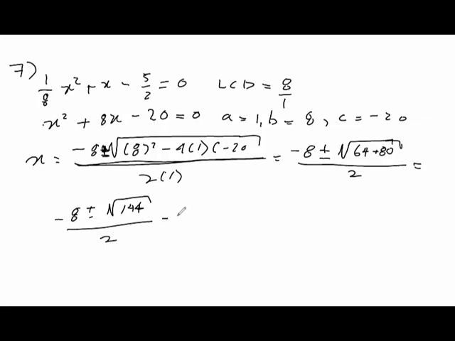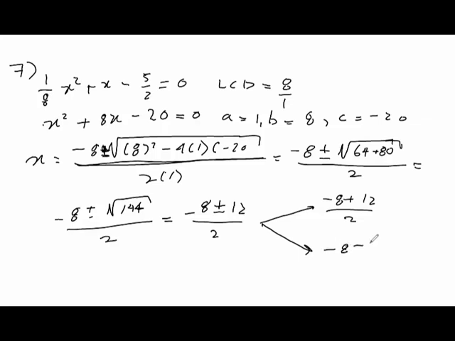and that's going to give us negative 8 plus or minus 12 over 2, and that'll establish our two answers. So we have negative 8 plus 12 over 2, and then our other answer is going to be negative 8 minus 12 over 2.